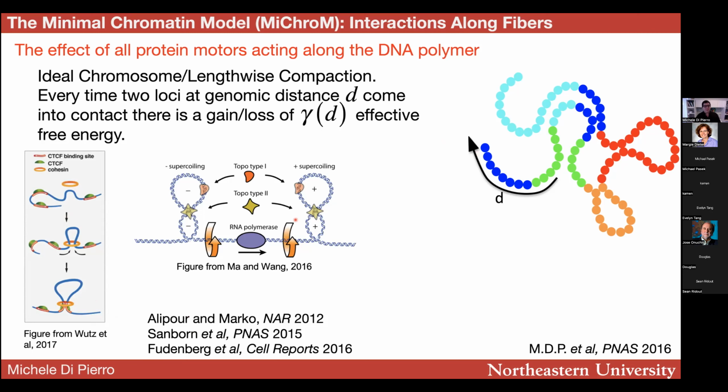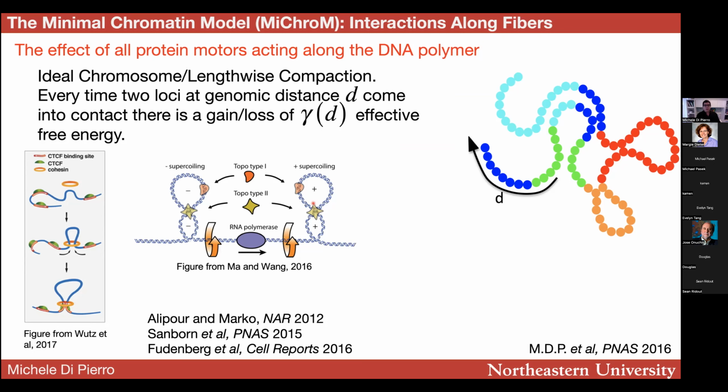But the fact is, the effect of all of these motors acting along the polymer generates an effective free energy, and this effective free energy might depend on the genomic distance, or in terms of the protein motors, on how long these motors reside on DNA.